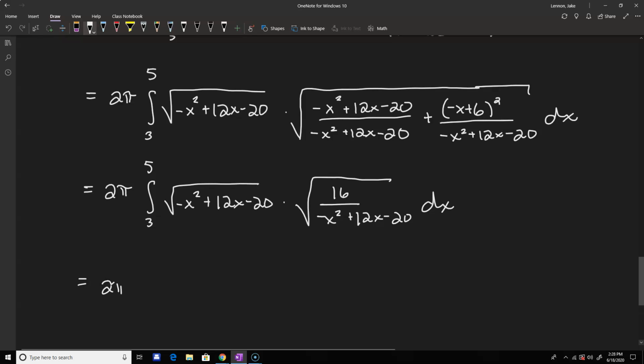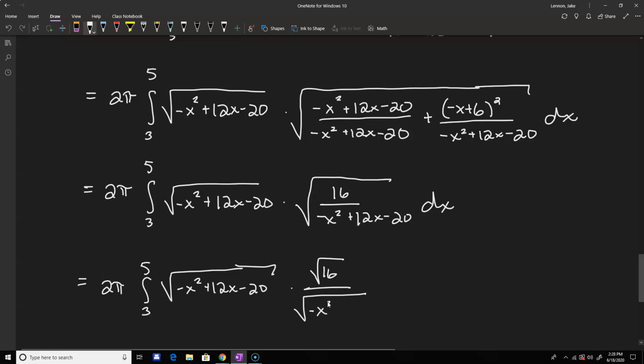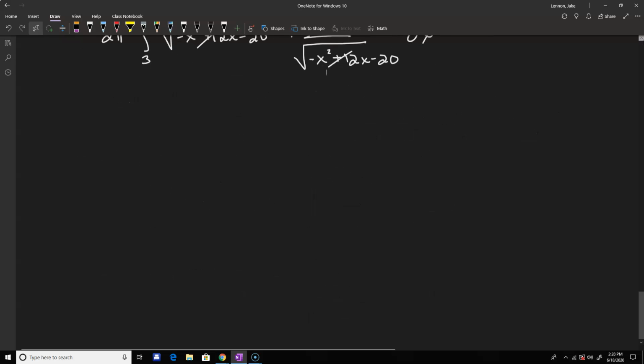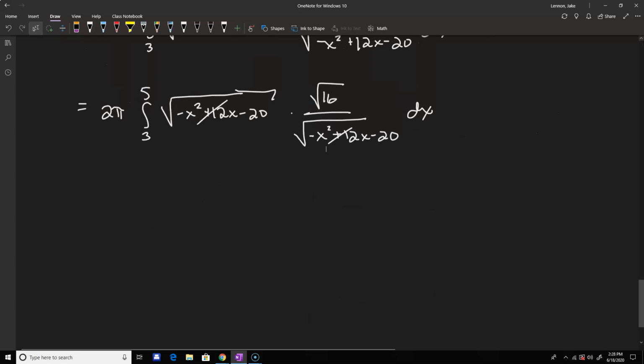So we'll have 2 pi integral from 3 to 5. We'll have this square root of minus x squared plus 12x minus 20. And in the second factor, we'll have the square root of 16 over this square root of minus x squared plus 12x minus 20. And so that factor cancels with that factor. So that's all we have is the integral of 4, which we can write as 4x, doing the antiderivative.